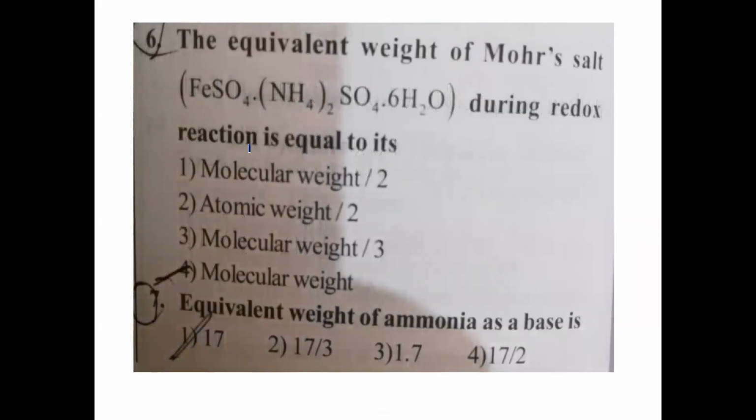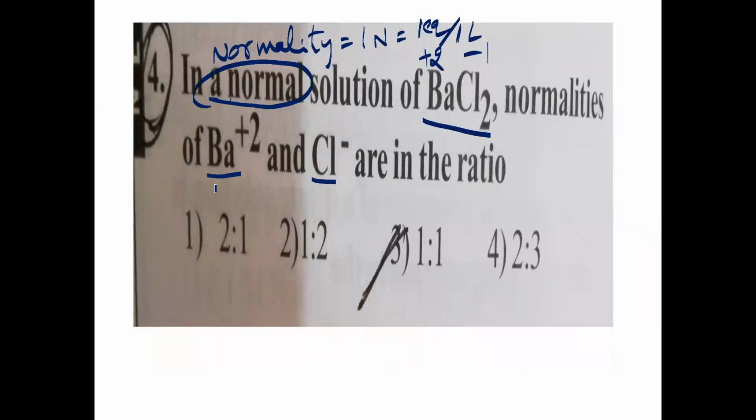Now what we have to understand is that the number of equivalents of Ba plus 2 and the number of equivalents of Cl minus will be the same, remember. In any ionic compound, the number of equivalents of cation must be equal to the number of equivalents of anion. So equal equivalents of Ba plus 2 ions and Cl minus ions will combine here, remember.